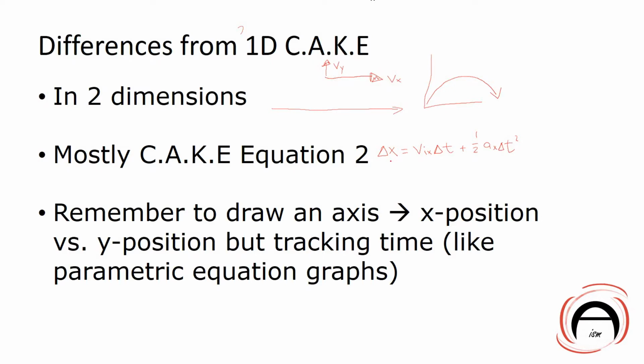So you see right here I use delta x, v initial x, and a x. So this just means the initial velocity in the x direction and the acceleration in the x direction and the displacement in the x direction. But in kinematics 2, we're going to add the exact same thing, except it's going to be in the y direction. So delta y is equal to v initial y delta t plus 1/2 ay delta t squared.